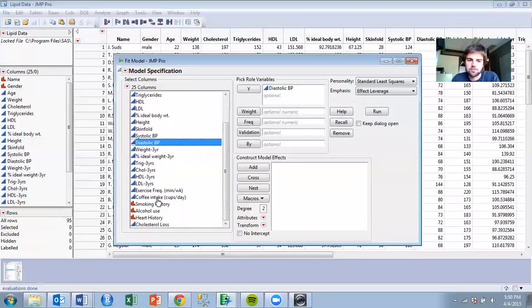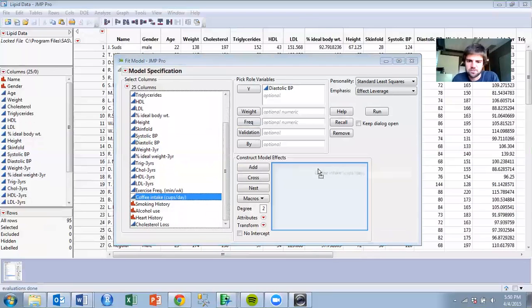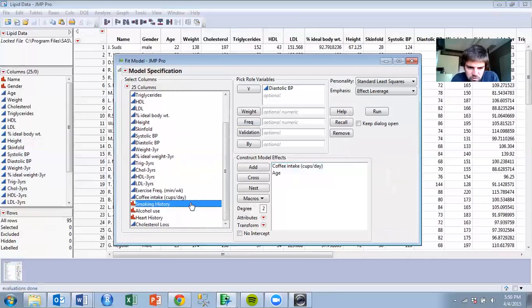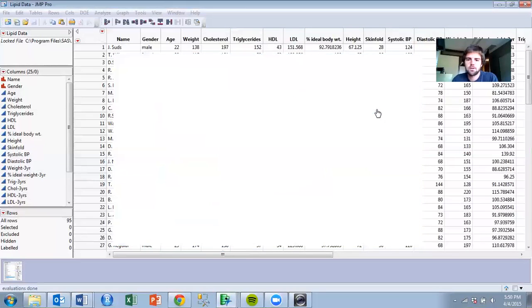And let's say we want to use a person's coffee intake and their age, and let's throw in a couple of categorical variables. These red things say that they're categorical variables. We'll throw in 2 of those. So I'm going to predict this blood pressure based on these different things. 2 of them are quantitative and 2 are categories.